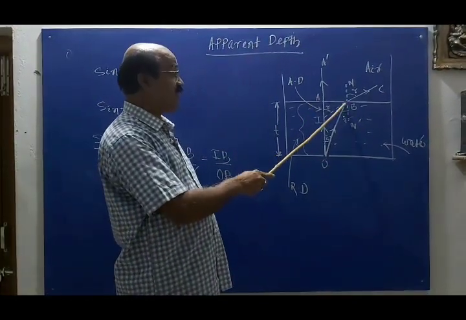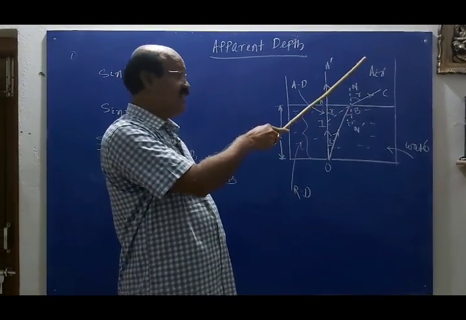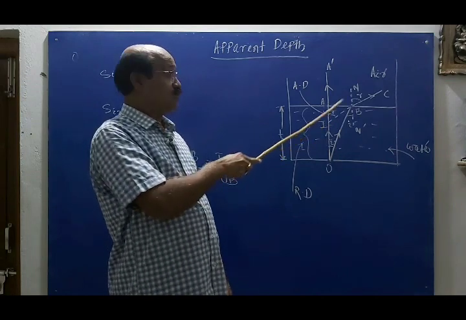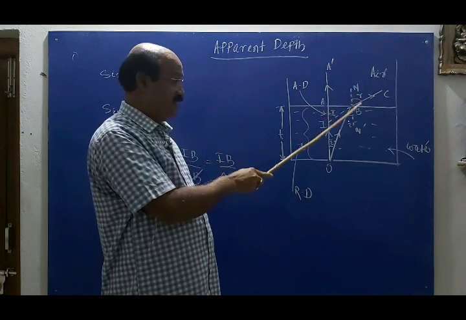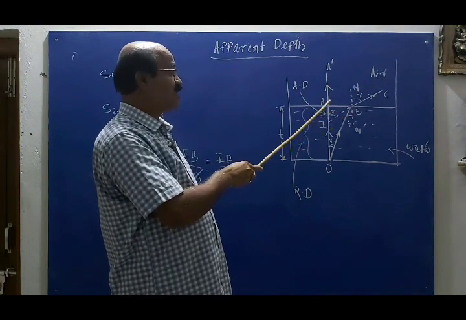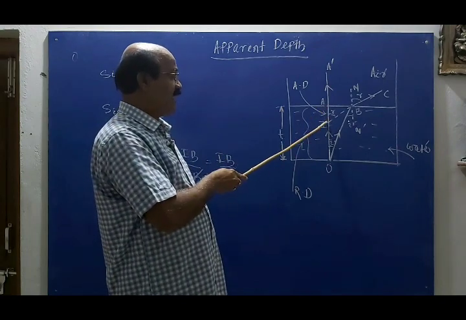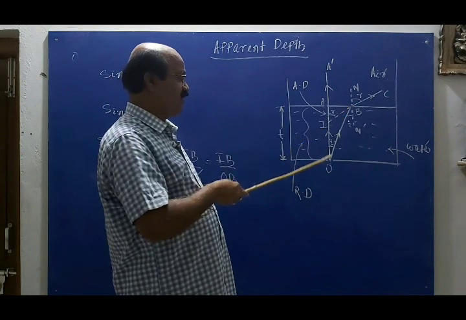If these two refracted rays enter our eye, then only we can see the position of the virtual image. So if these two refracted rays enter our eye, definitely the point B must be very close to the point A. That means we can take IB is nearly equal to IA, OB is nearly equal to OA.